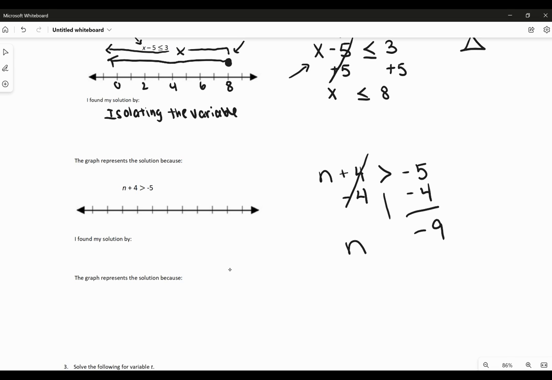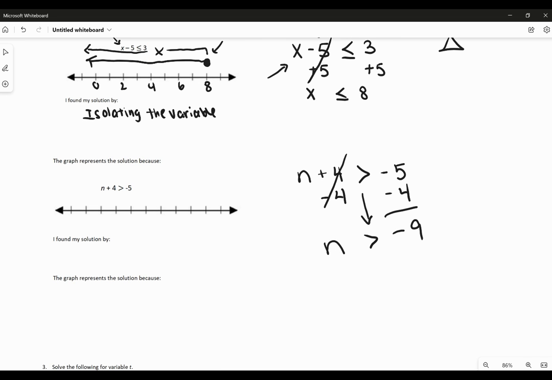So n is greater than negative 9. So where's negative 9? Let's make it here. And then negative 7, negative 5, negative 3, negative 1, 0, 1, 2, 3. So if it's greater than negative 9, it's going to be all of these numbers. So n represents these numbers, but not negative 9.